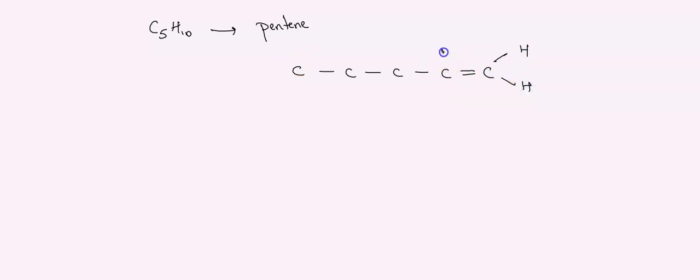Correct? Then here, you just have to fill it. Correct? This is the structural formula of alkene. That is pentene. 1, 2, 3, 4, 5, 6, 7, 8, 9, 10, 11.